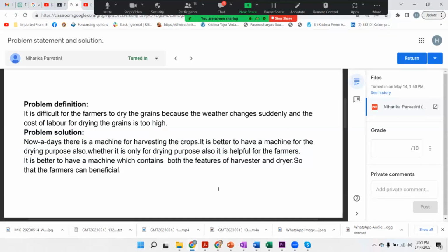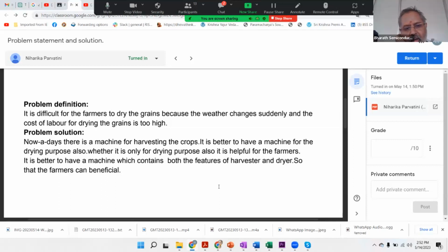It costs nearly 1,500 per day. So it is better to have a machine for crop drying, as well as the harvesting machine. It is better to have both features in a single machine, that is, harvesting and drying in one machine.